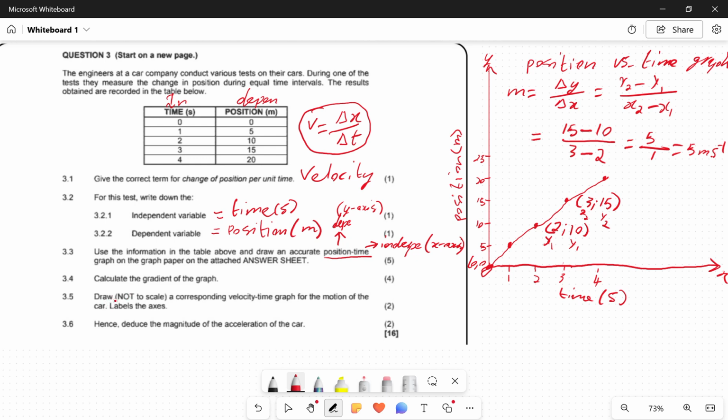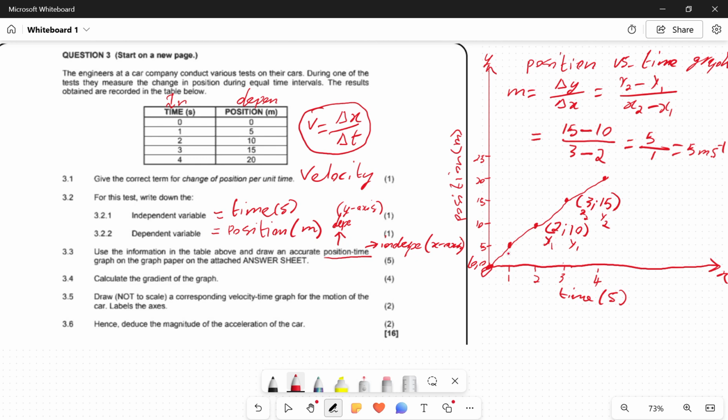It says draw, not to scale, a corresponding velocity time graph for the motion of the car. Label the axes. So they are saying we must draw the velocity versus time graph, and this is the position versus time graph. But we know that this straight line gives us the gradient of the graph, which represents the velocity.